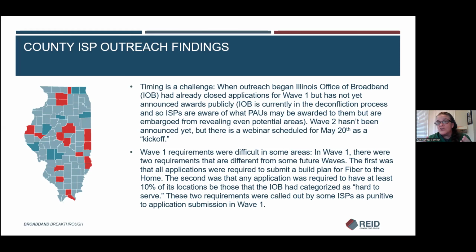One of the pieces of good news is that in Wave 2, that 10% hard to serve, at least as of this point, again, as Tom mentions, the ever-changing nature of what's coming out of DC for all federal programs means that the Illinois Office of Broadband is continuing to have to shift and make sure that they are compliant with what they're hearing from DC.